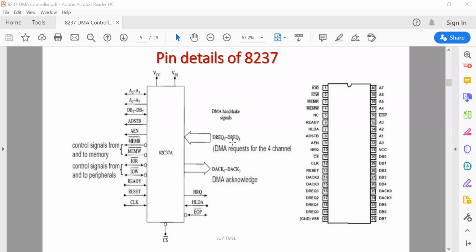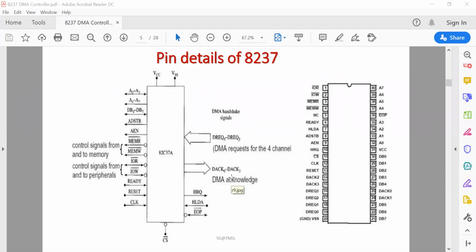The priorities of the DREQ lines are programmable, based on the programming requirement. After reset, these lines become active high, and the active level of these lines is also programmable. The DMA request must be maintained high until the corresponding DACK pin goes high.